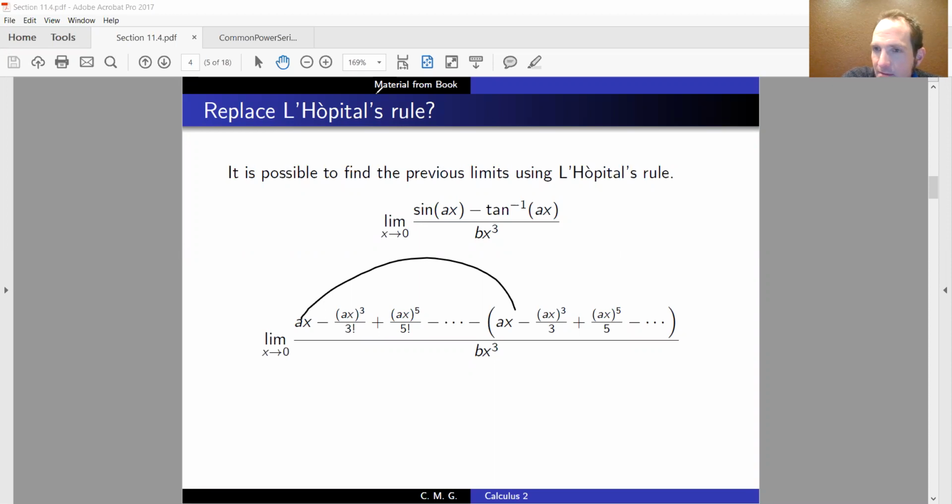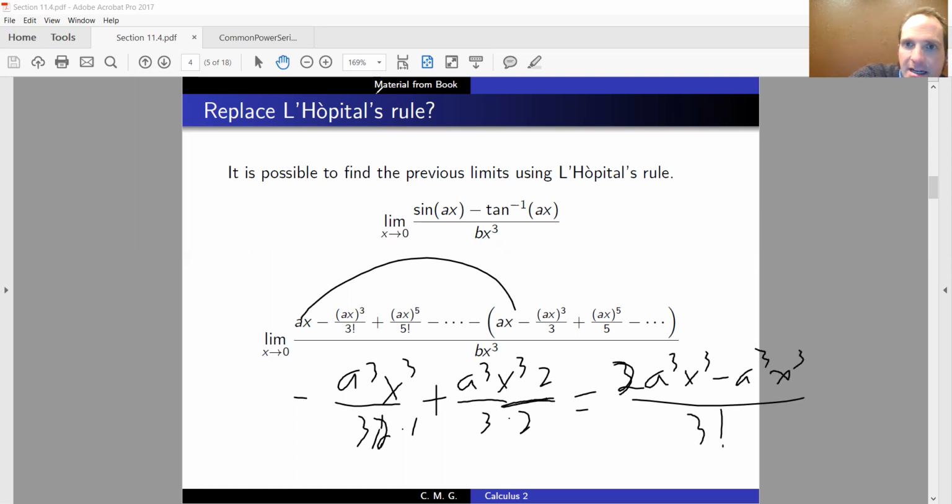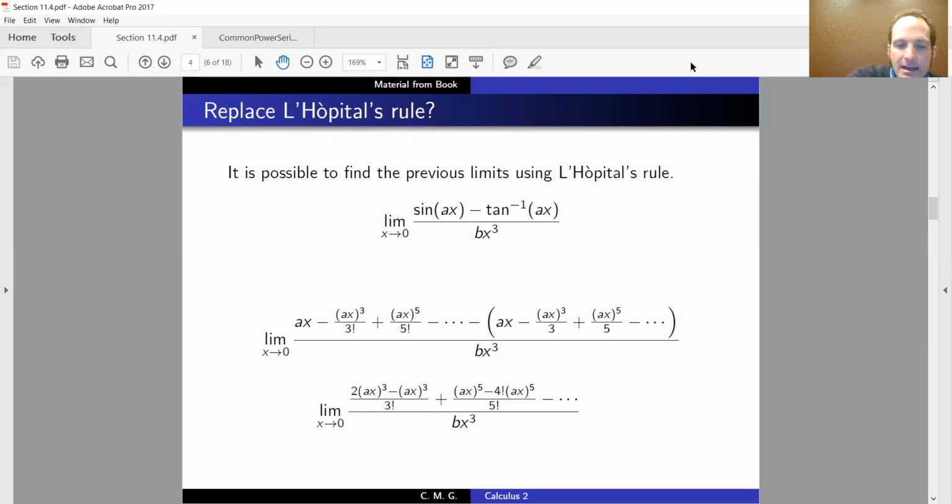And so I can find a common denominator there. What's missing is that the denominator has 3 times 2 times 1. I'm missing a 2 in the denominator here. So I need to multiply the top and the bottom by 2 to find a common denominator. This gives me 2a cubed x cubed minus a cubed x cubed over 3 factorial. So this is nice. I actually do get something a little nicer out of that.